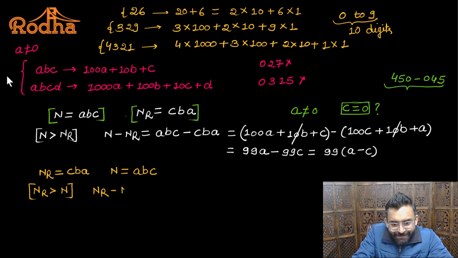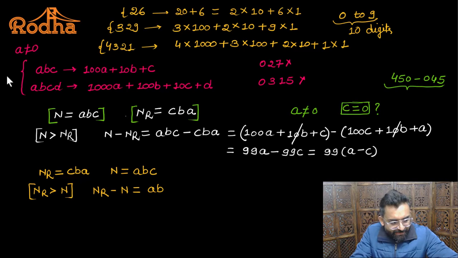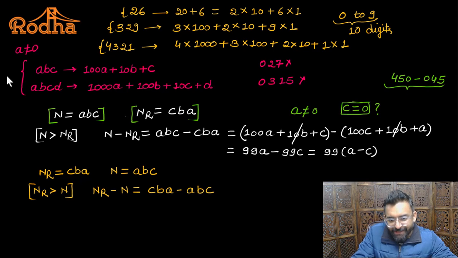NR minus N, that is CBA minus ABC. How is it going to look, what kind of structure am I going to get? I can clearly understand the position of C is the 100's place, so it's going to be 100C minus C, which is 99C. The only difference is that the positions of A and C will change. So it is 100C minus C, that is 99C. Yes or no?